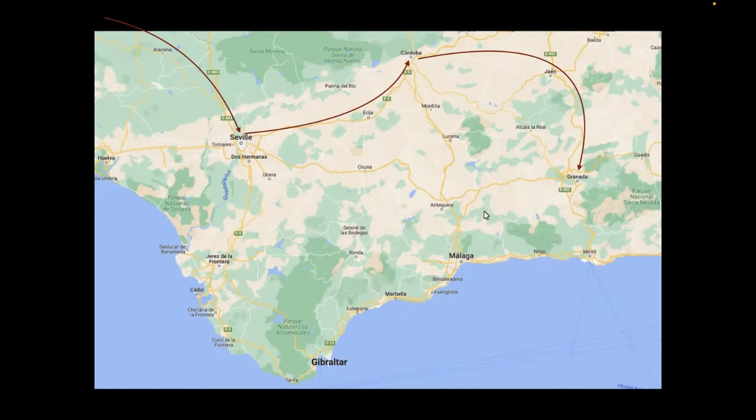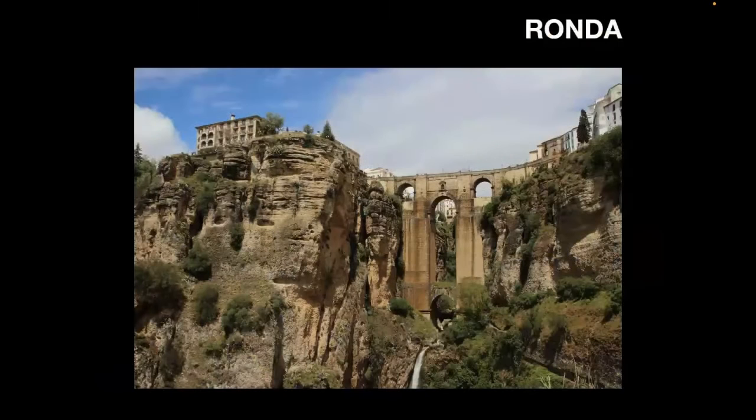Spending our 2 nights in Granada, we will drive to the mountain town of Ronda, again visiting another settlement on the way. We'll end up in Ronda.